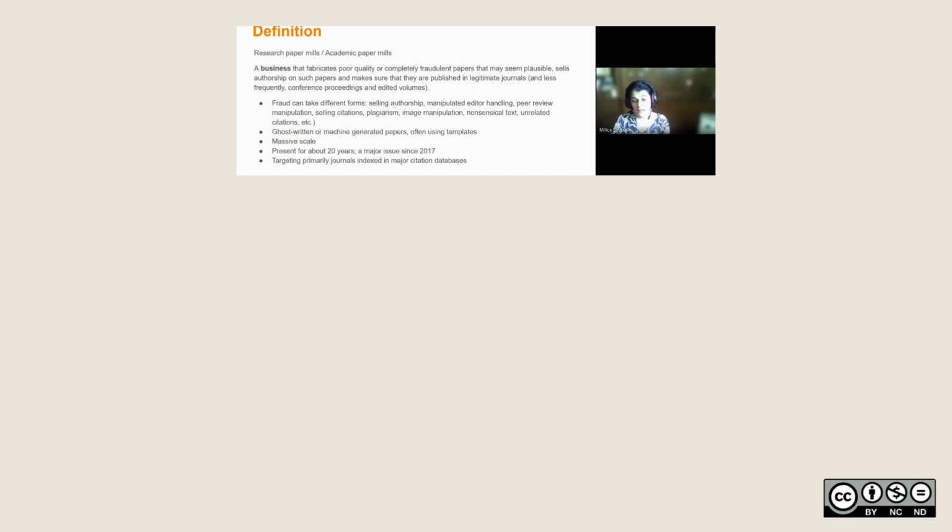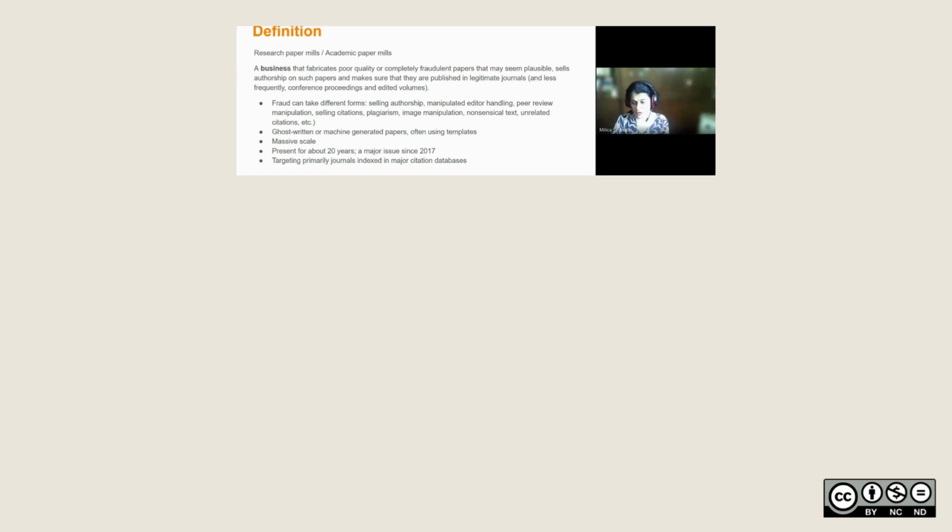And then they usually sell authorship in these papers, either before submission or after submission, and I'll explain this later. This fraud can take different forms, so it's not just selling the authorship. Those experts who are in the topic usually say that paper mills are primarily an authorship issue, authorship fraud, but it may combine different kinds of stuff.